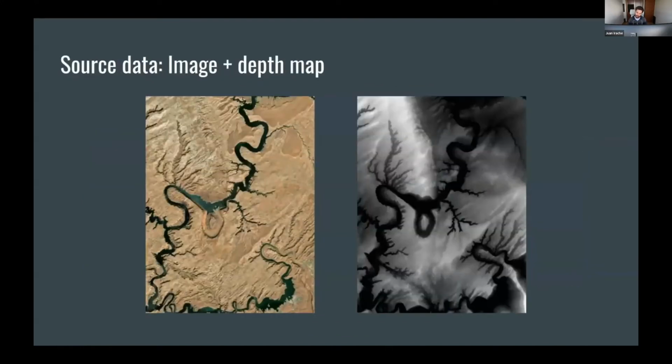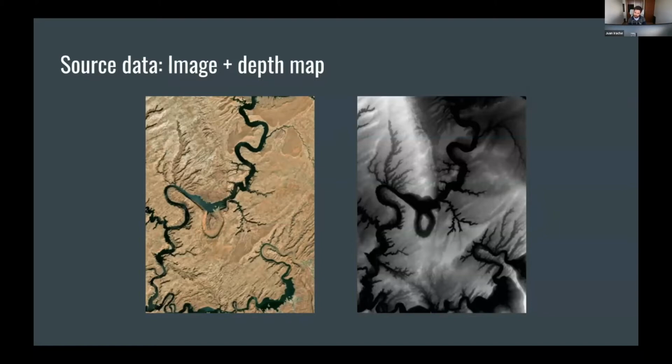So how does this work internally? Of course, we've got a first data source, which is satellite imagery, very similar to what you could find in Google Maps by switching to the satellite layer. And then we also have depth information from the same location. The example on the right shows depth information in a very easy to understand way.